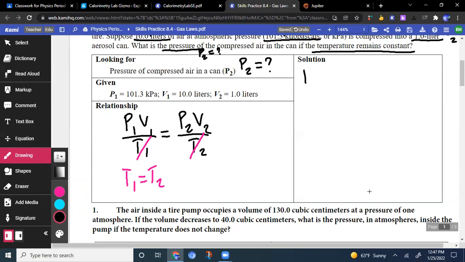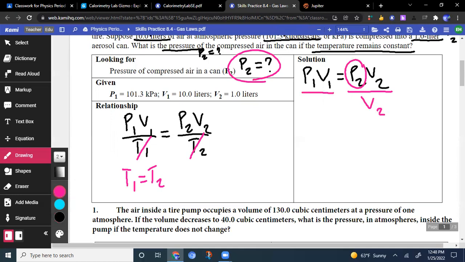So the equation gets reduced to P1 V1 equals P2 V2. And recall, we are solving for P2. We do that by isolating P2 and getting rid of V2, by dividing it away.